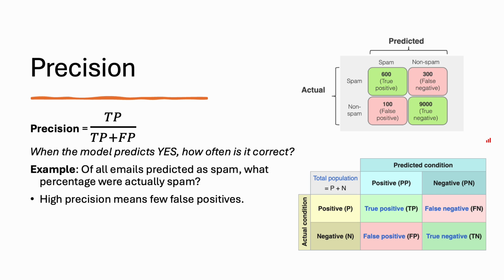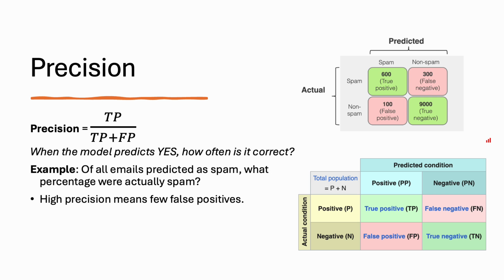We can start with precision. When the model predicts yes, how often is it accurate? This is called precision. The equation is the number of true positive divided by the number of true positive plus false positive.